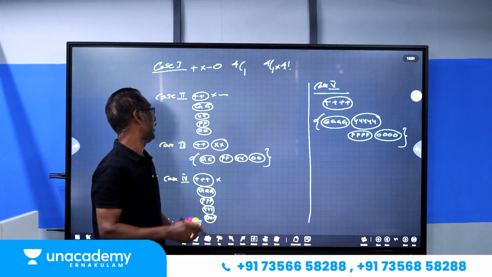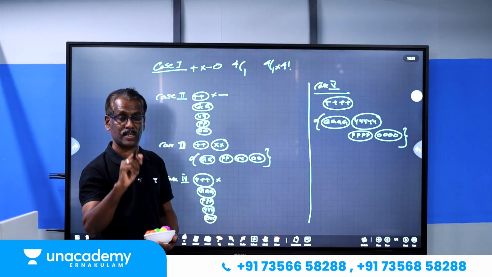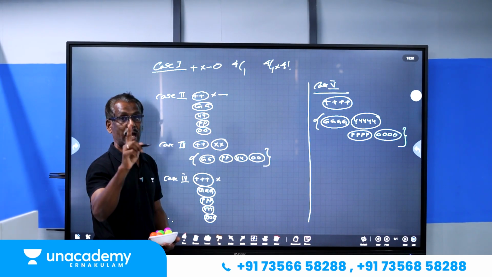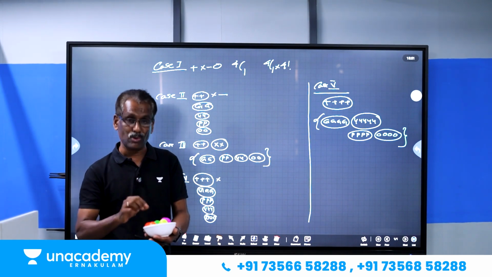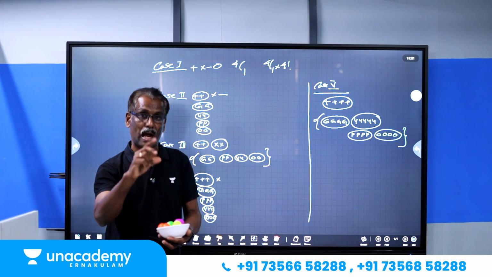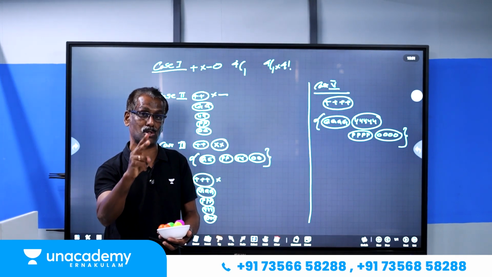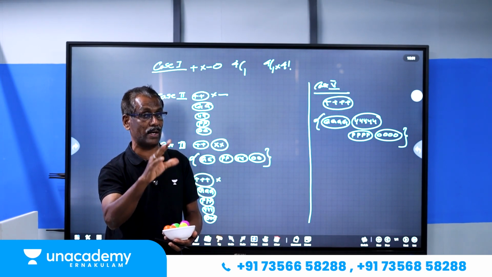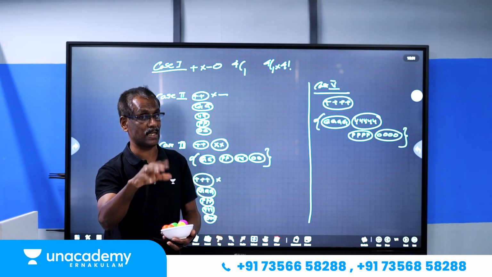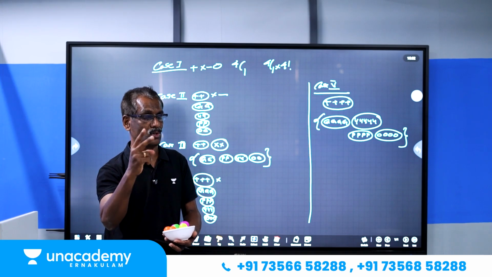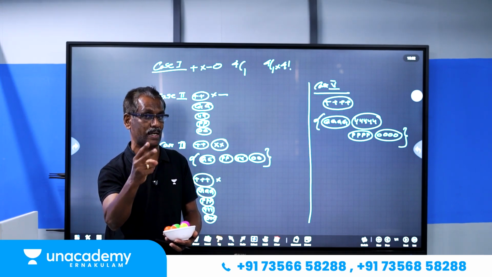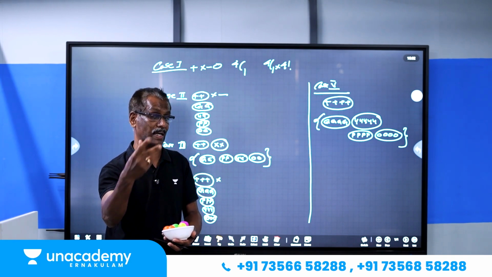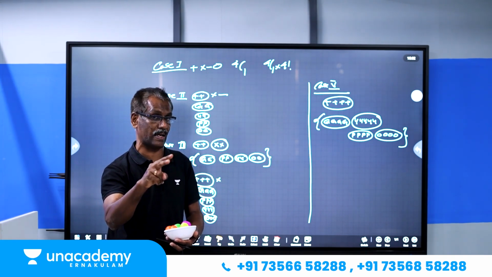Next case. Here, second case, out of 4 ladus, 2 ladus identical. That means you are taking 2 green ladus. Out of 6 green ladus, 2 ladus you are taking only one way, because all the 6 ladus are identical. The remaining 2 ladus are distinct. There are 3 distinct ladus.